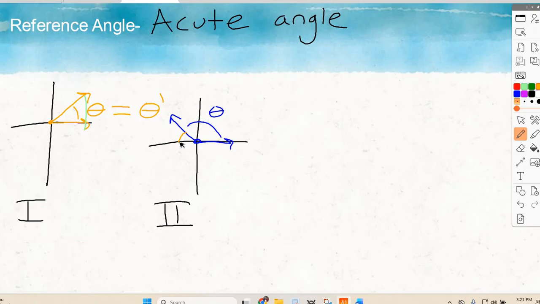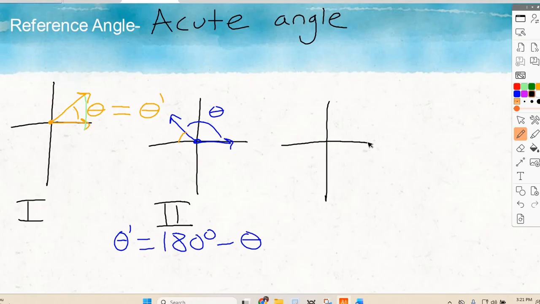Which in that case would be 60. And that's going to work no matter what your angle is there. So we will take 180 and subtract off our original angle, and that gives us, again, remember this just means the reference angle. So then continuing on, let's look at our third quadrant.